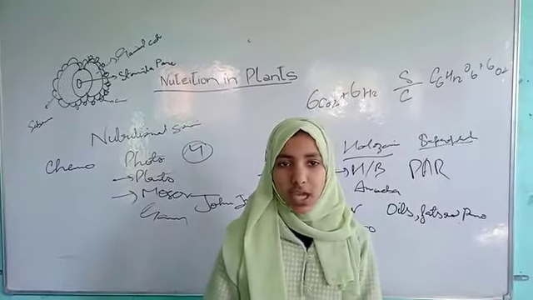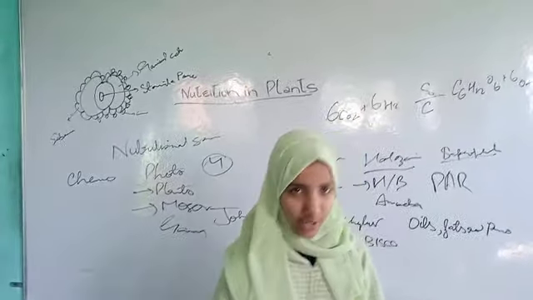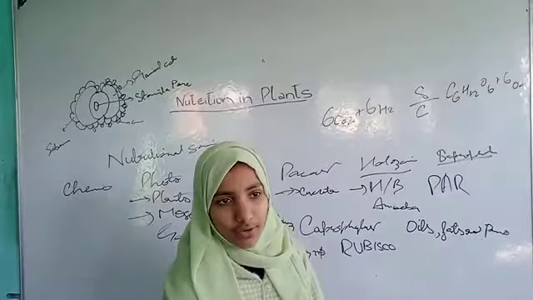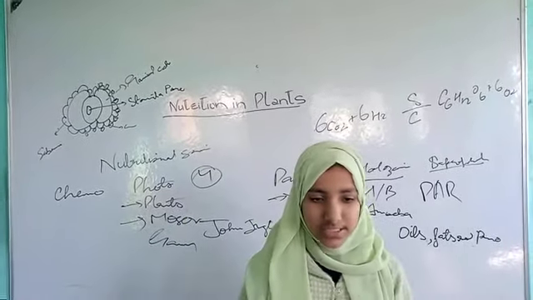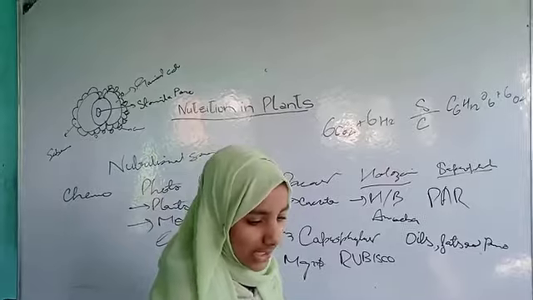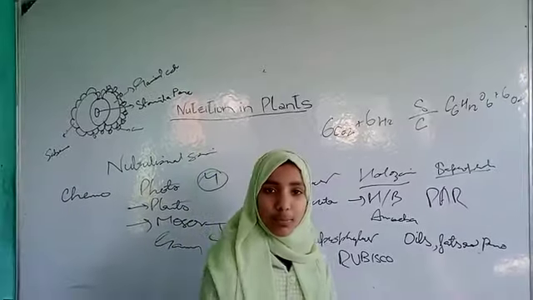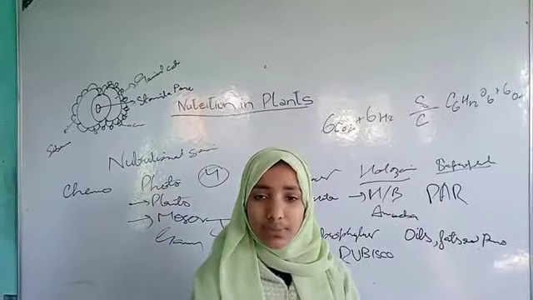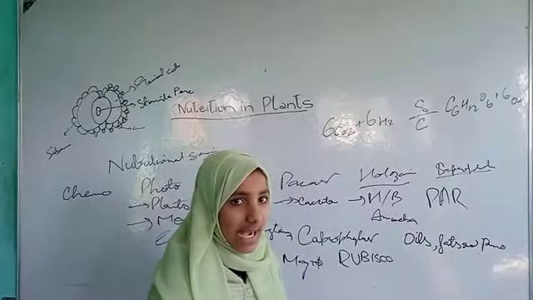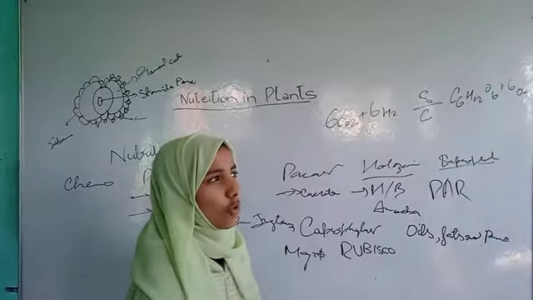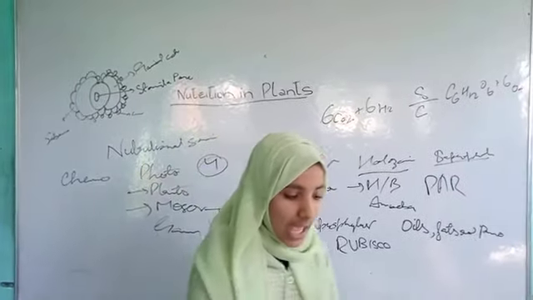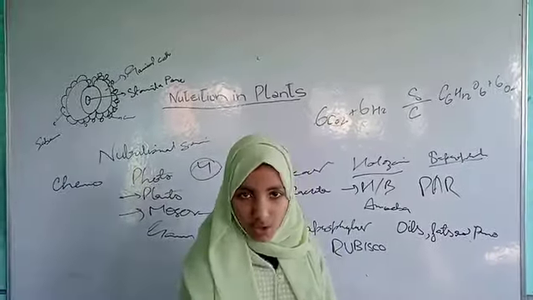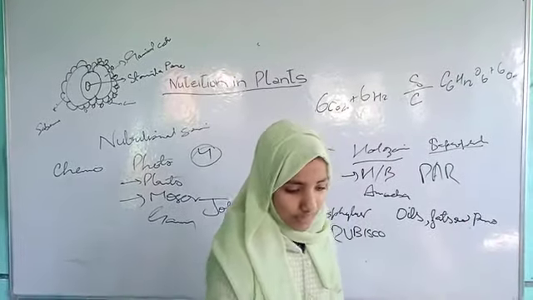And carbohydrates are stored in animals in the form of glycogen. And carbohydrates are stored in plants in the form of starch. And protein in plants, that is albuminous and globuminous. Plants prepare fat in the form of monoglycerides and triglycerides. And carbohydrates are of maximum quantity and fats are of minimum quantity.